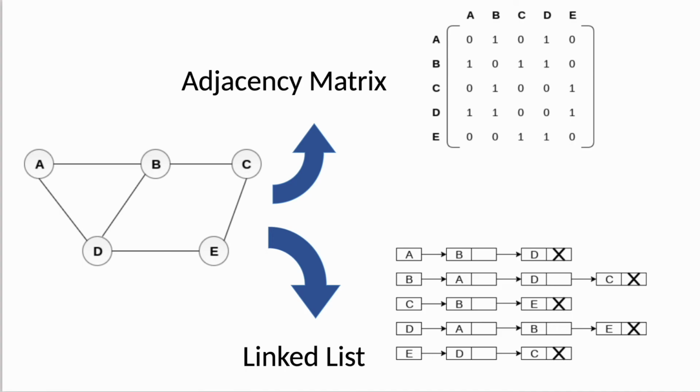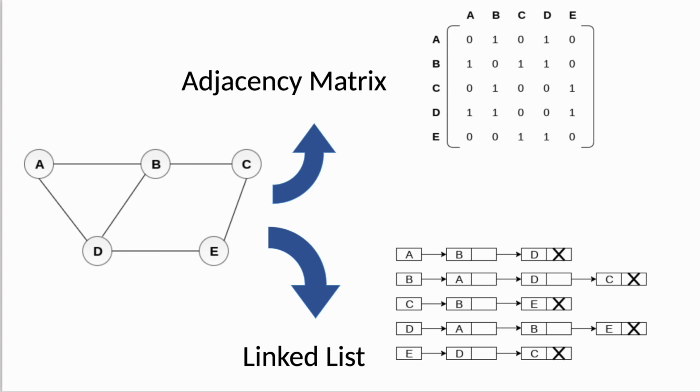The size of the adjacency matrix is always n squared, where n is the total number of vertices. Suppose we have a graph with 1,000 vertices and isa lang yung edge niya, then we are required to use 1,000 squared for the representation of that graph.